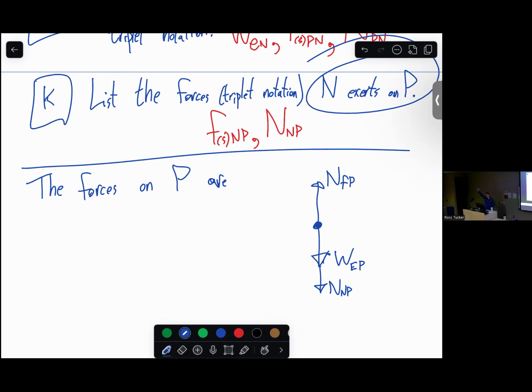Nalo sits on my shoulders or stands on my head in the diagram, I guess. He pushes me down. Third law, if I push him upward, he pushes me down. And the weight force of Earth on professor, duh, right?